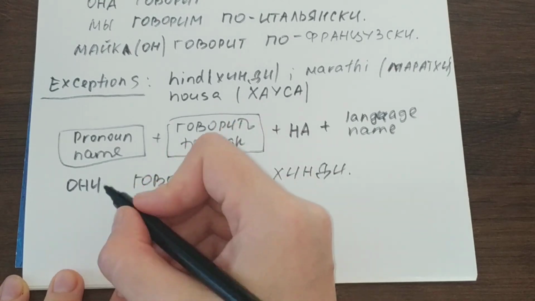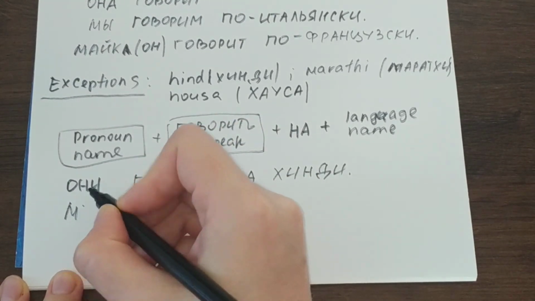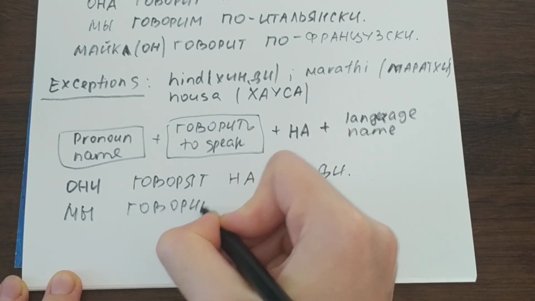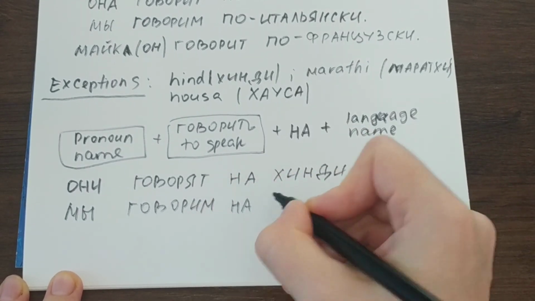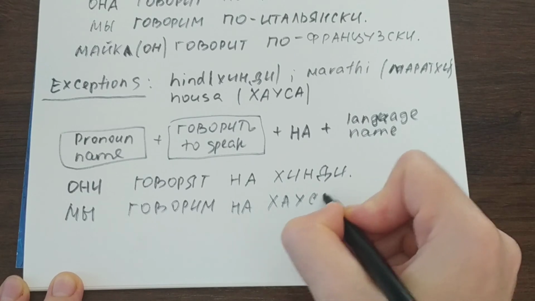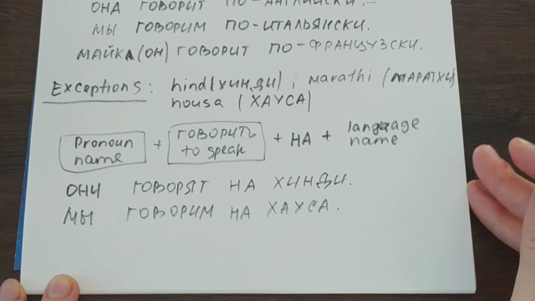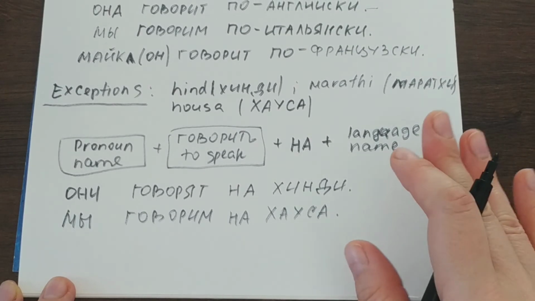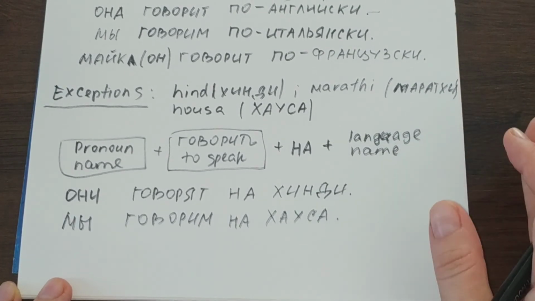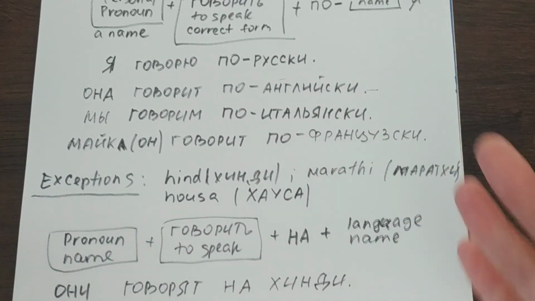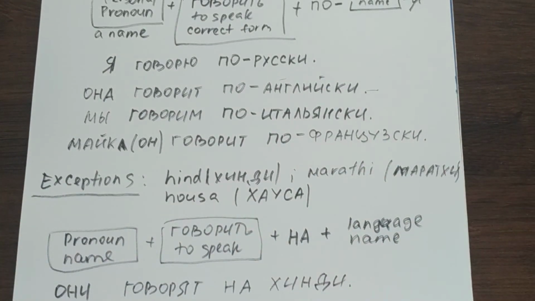For example, also мы говорим на Хауса. That is just an example for you. But of course, I think it is very easy to remember, and I encourage you to write down some of these sentences to practice.